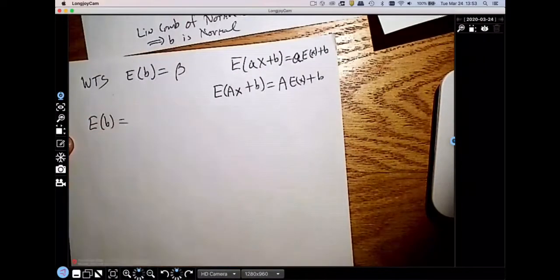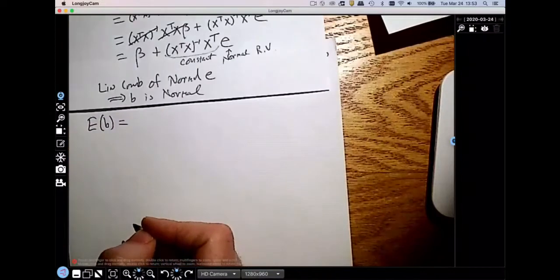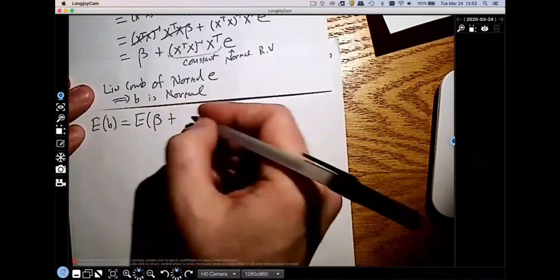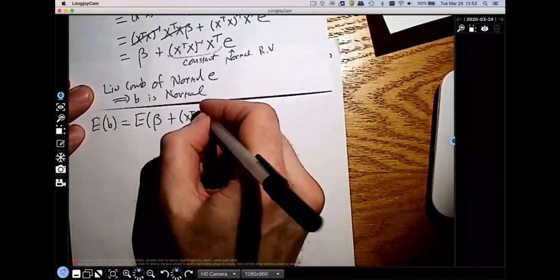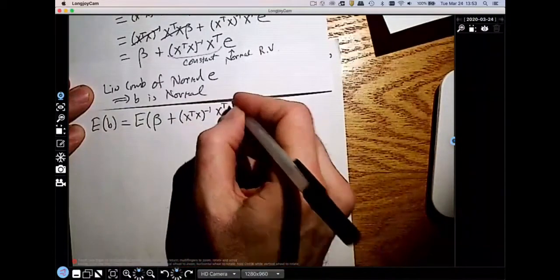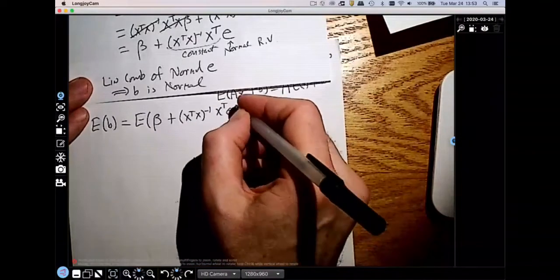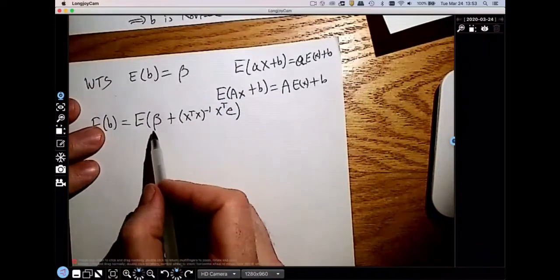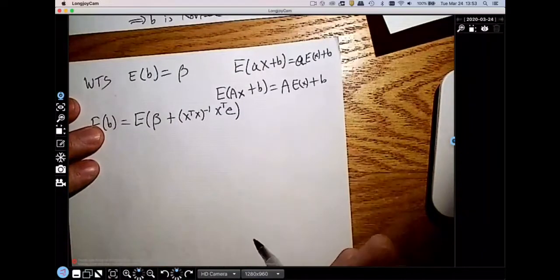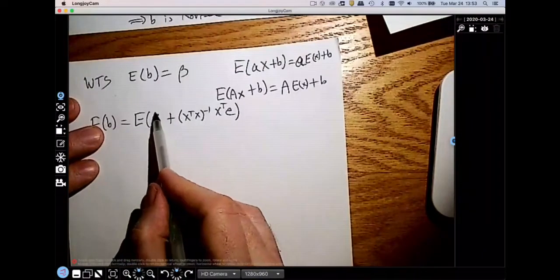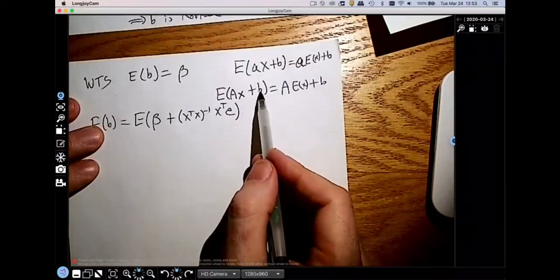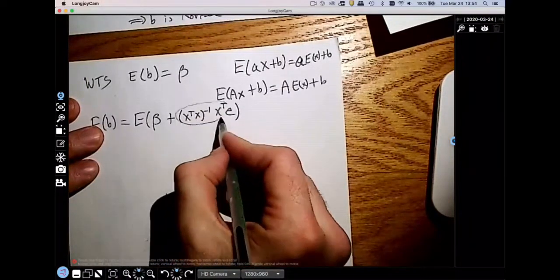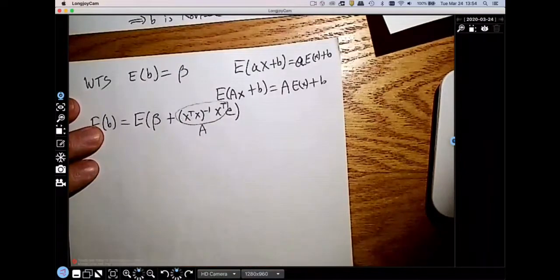What's the expected value of beta hat? Well, I'm going to copy what I had from before. This is beta plus x transpose x inverse x transpose times e. So we recognize this as taking this form. So this is like this additive constant that I called b over here. This is like that matrix big A.